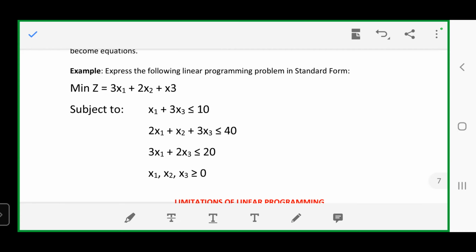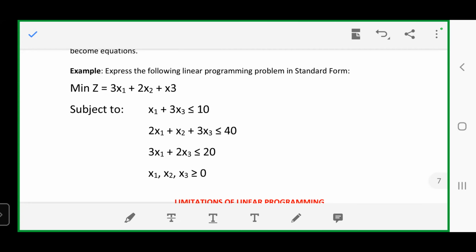Then 2x1 plus x2 plus 3x3 less than or equal to 40. And 3x1 plus 2x3 is less than or equal to 20. And x1, x2, x3 will be greater than or equal to 0.